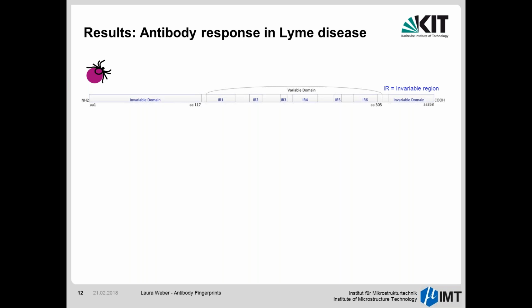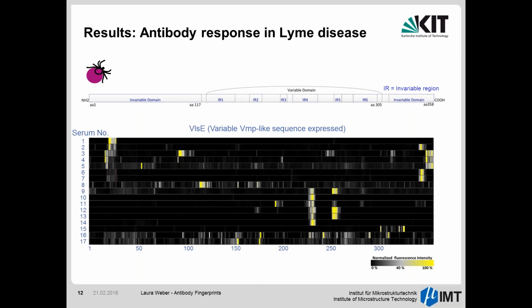As in the study before, we first performed an epitope mapping to obtain an overview of the antibody response. In this case, 358 peptides represented the whole antigen. The results are presented in a similar way as in the previous study. In total, 17 Lyme disease positive and 7 negative sera were screened.